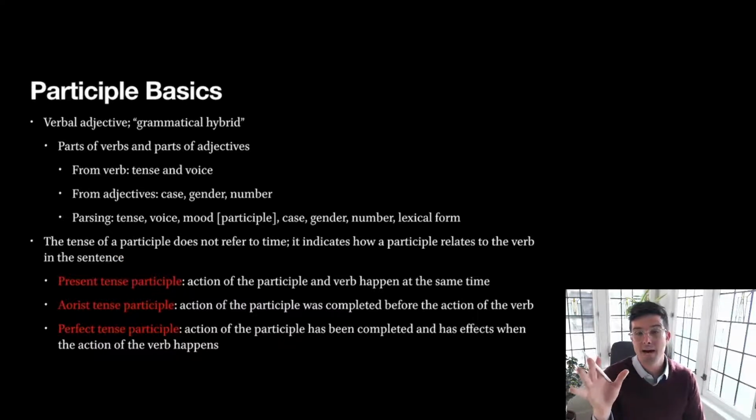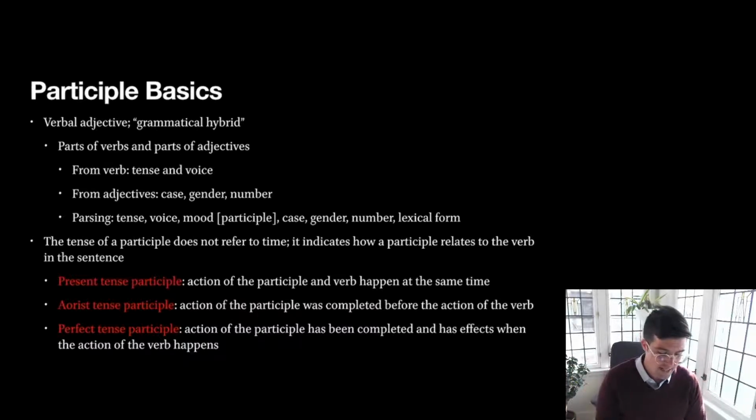Rather, you're getting the time the action took place primarily from the main verb or the indicative verb in the sentence. And that being the case, the tense of a participle is going to indicate something else, namely how the action of the participle relates to the action of the verb.